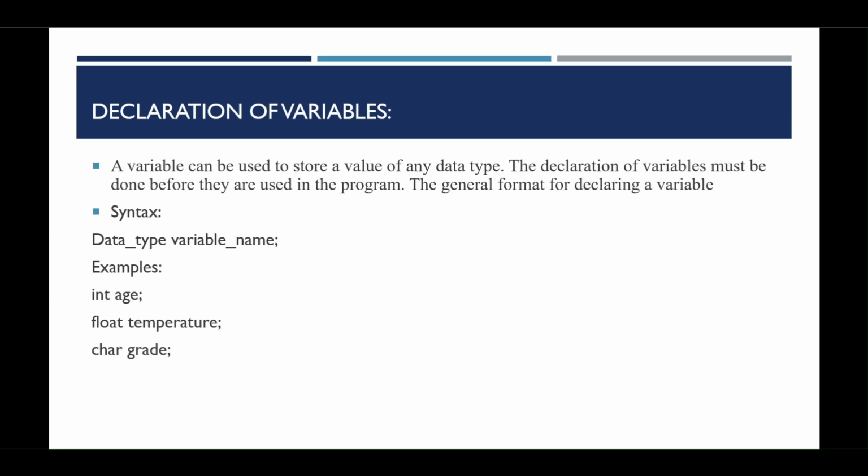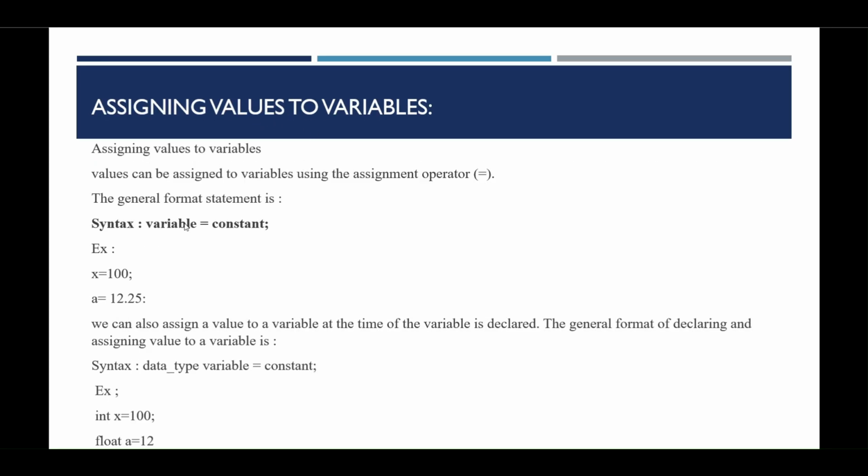Then you have declaration. This is the data type, then comes the variable name: int, then age; data type, variable name. So the declaration of a variable comes like this. Then we have assigning values to variables. They are assigned by the assignment operator.